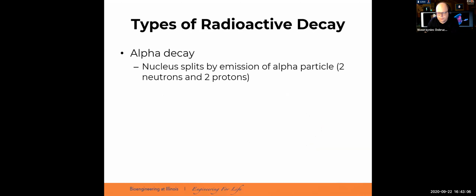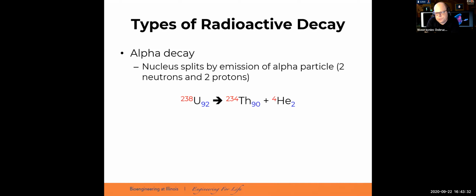So when we talk about radioactive decay, we have a couple more minutes, so we talk about the alpha decay. Alpha decay, which is not used for imaging, is when the nucleus splits by emission of an alpha particle. The alpha particle is relatively heavy; it contains 2 neutrons and 2 protons as a single particle.